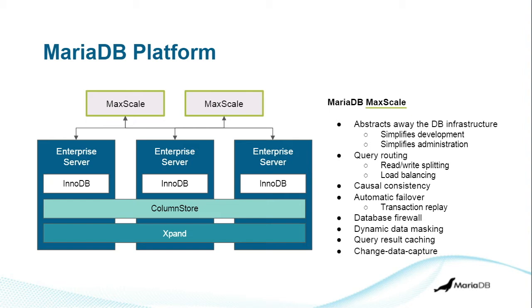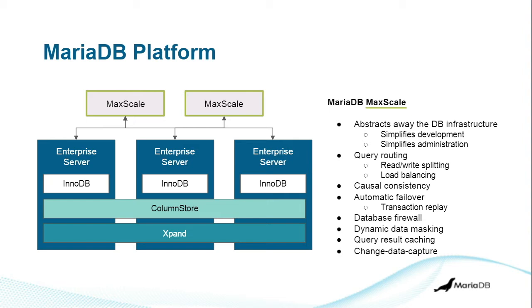From the application point of view, MaxScale is seen as a single MariaDB instance. MaxScale will take into account the whole architecture in order to benefit from the multi-node infrastructure performance and to ensure high availability. Also, when moving from a single node to a multi-node architecture for performance and availability purposes, you don't have to change anything in your application. Just add MaxScale and a few MariaDB Enterprise Server nodes and you're good. This is a great solution for simplifying development and administration.